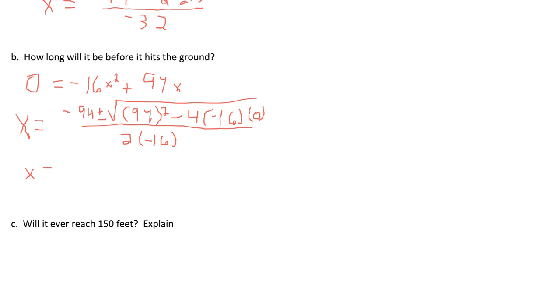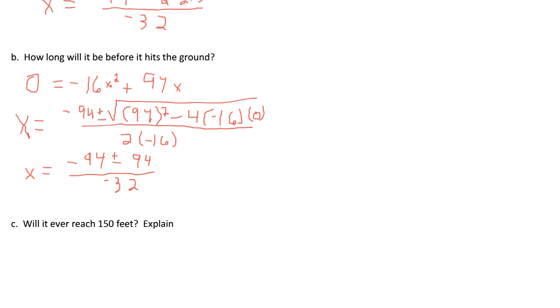That's going to give us x equals negative 94 plus or minus 94, because when you stick that in the calculator, you get 94 squared minus 0, and the square root of 94 squared is 94, over negative 32.